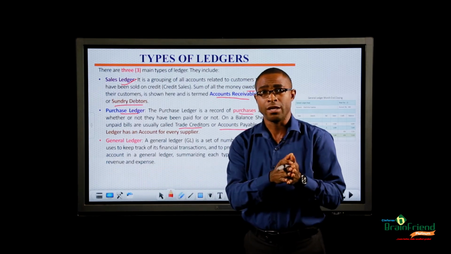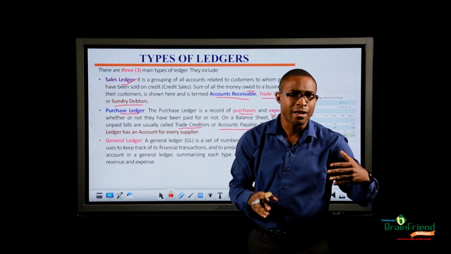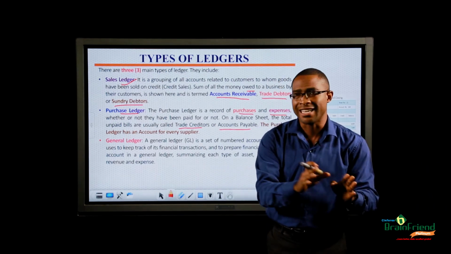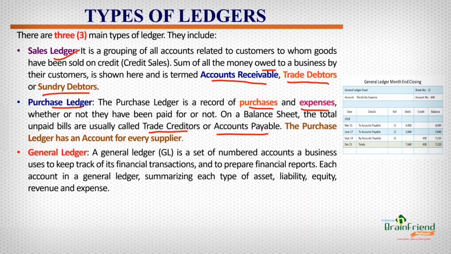When you purchase from a supplier, a customer has to come in and then you sell to the customer. That's why you basically have purchase and sales. For purchase, we are looking at it that this person is buying from a supplier. For sales, we are looking at it that a customer is coming to buy from the person that is selling the goods.